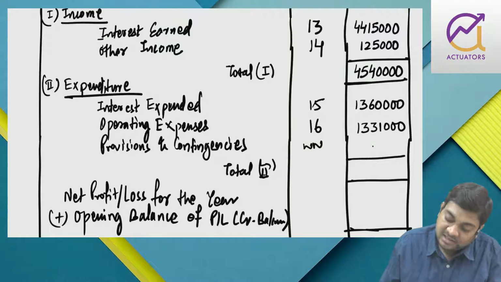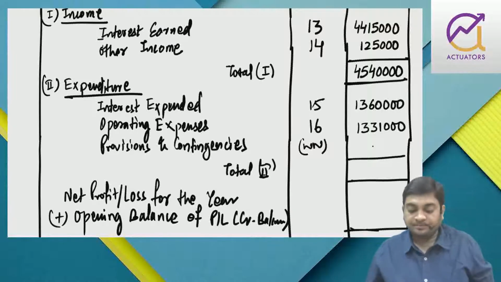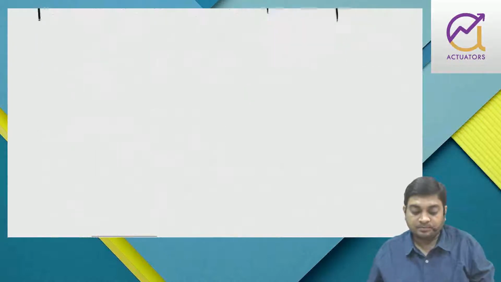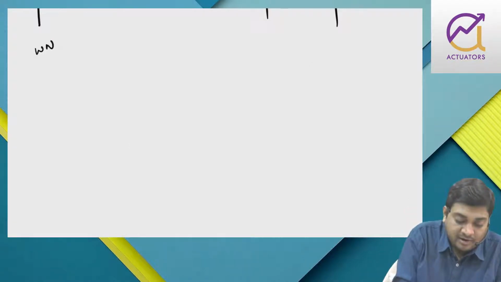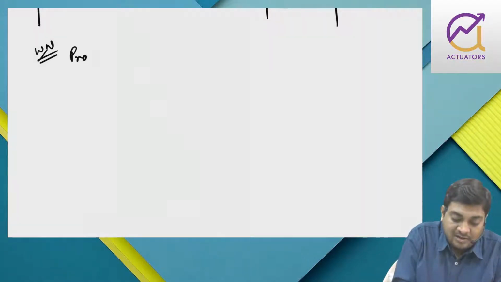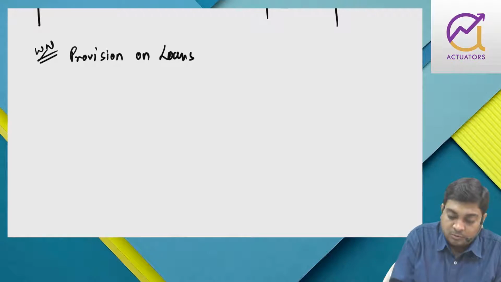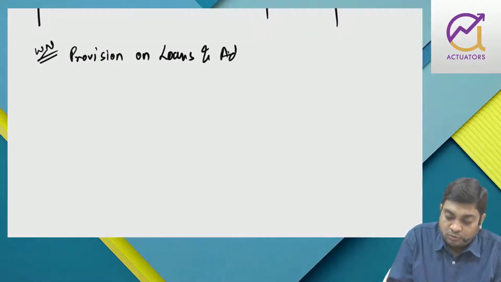Provisions and contingencies will be a working note. Let us not prepare schedules of items which are not required. So first of all, I will calculate provision on loans on advances.